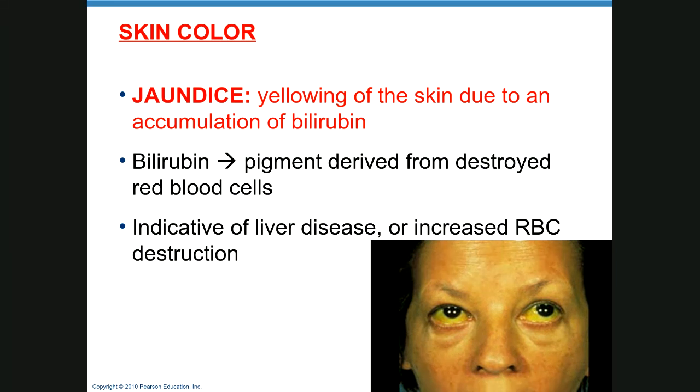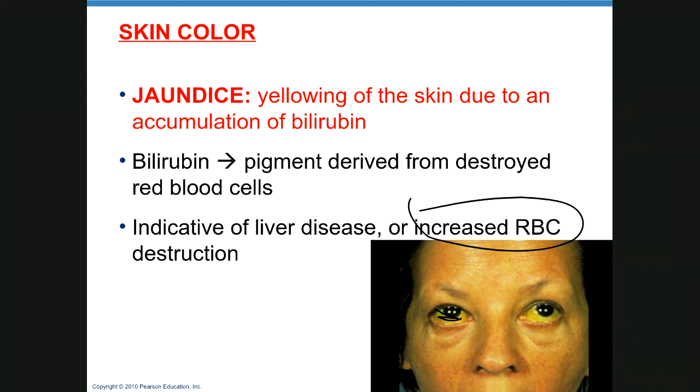Now, if there is a problem with the liver, however, and it cannot detoxify, now bilirubin keeps circulating in the blood, seeps into the skin, and the skin turns yellow. You will also see a yellow coloration on the white of the eyes. So jaundice in an adult indicates liver damage. In a baby, it will indicate excessive destruction of red blood cells due to some type of blood incompatibility with the mother.